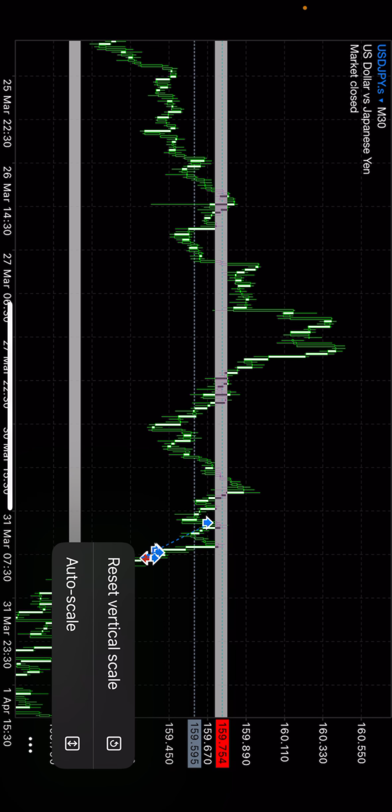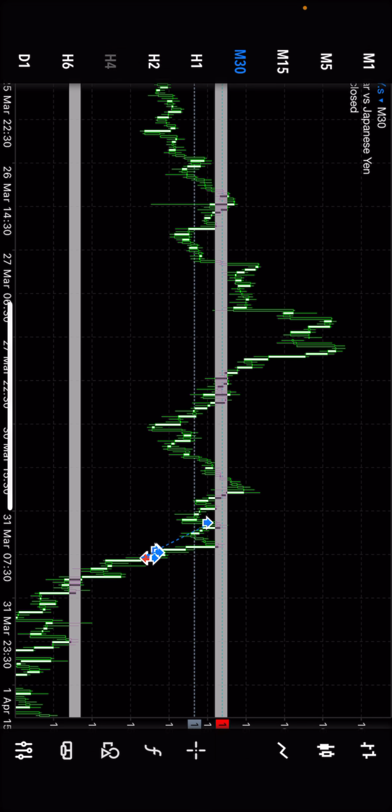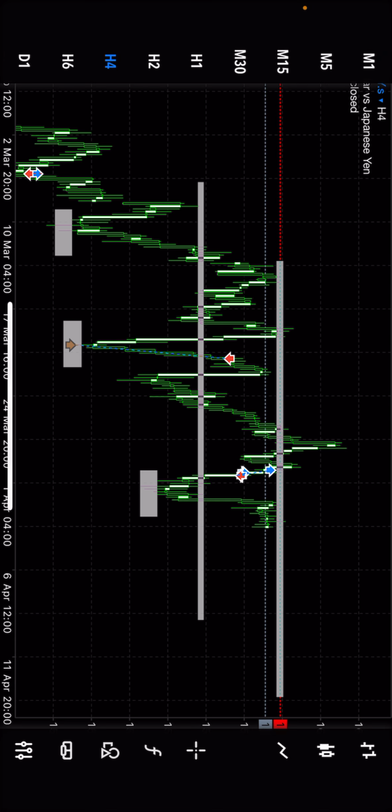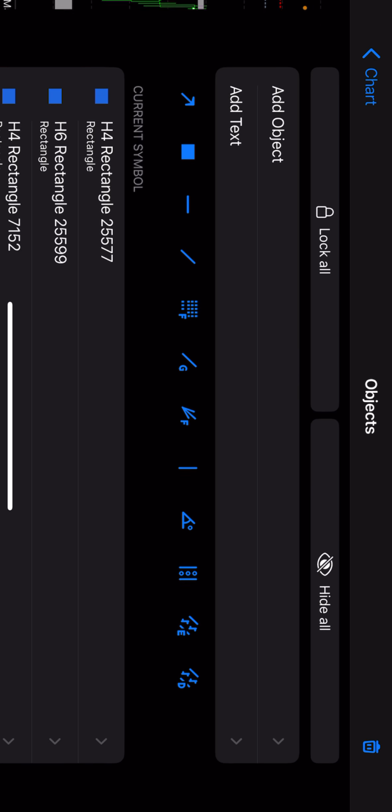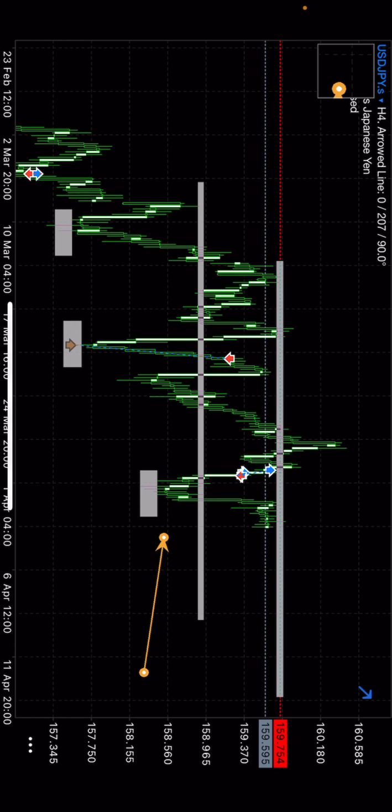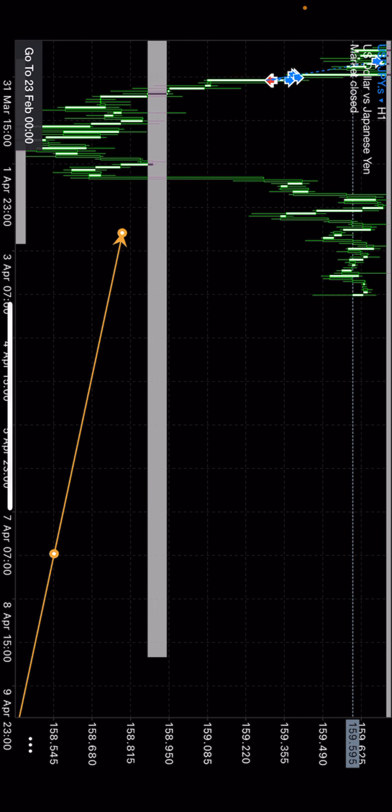So I waited. Normally I knew price was still going to buy. I knew USD JPY was still going to buy. But when this move happened, when this buy trend happened, I had already taken it out.